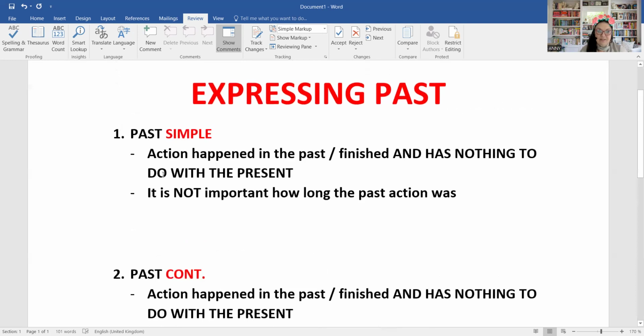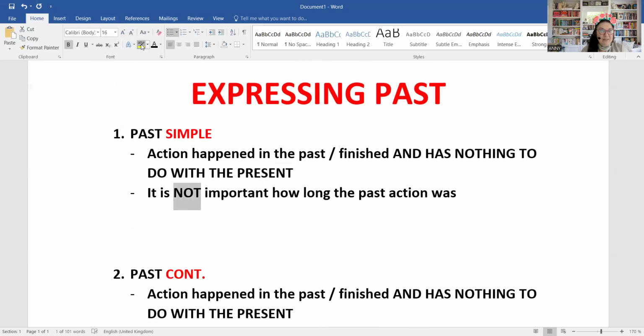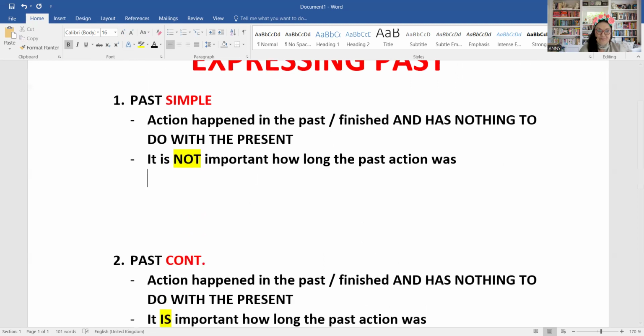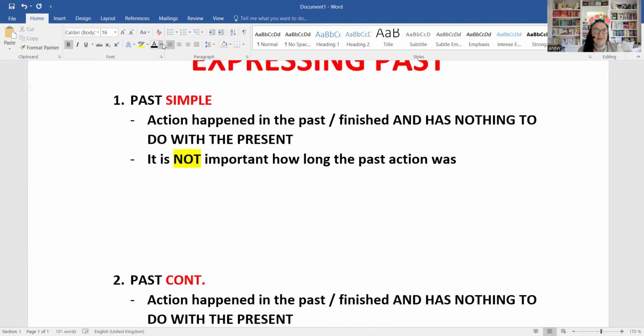For example, let me immediately give you an example so that you can see the difference between them. Past simple is something like this: I walked my dog yesterday.